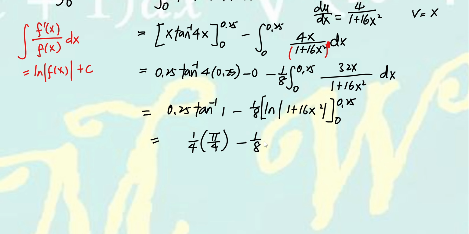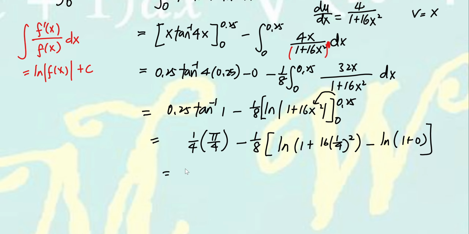So minus 1 over 8. Then replace the x by 0.25 first. This is ln of 1 plus 16 times 1 over 4 squared, minus ln of 1 plus 0. Then here you'll be getting pi over 16 minus 1 over 8 ln, okay, 1 over 4 squared is 1 over 16.